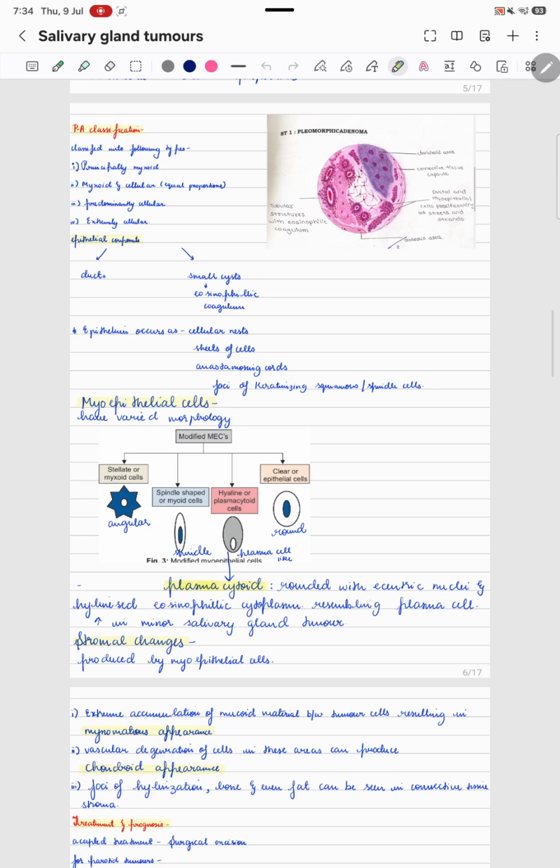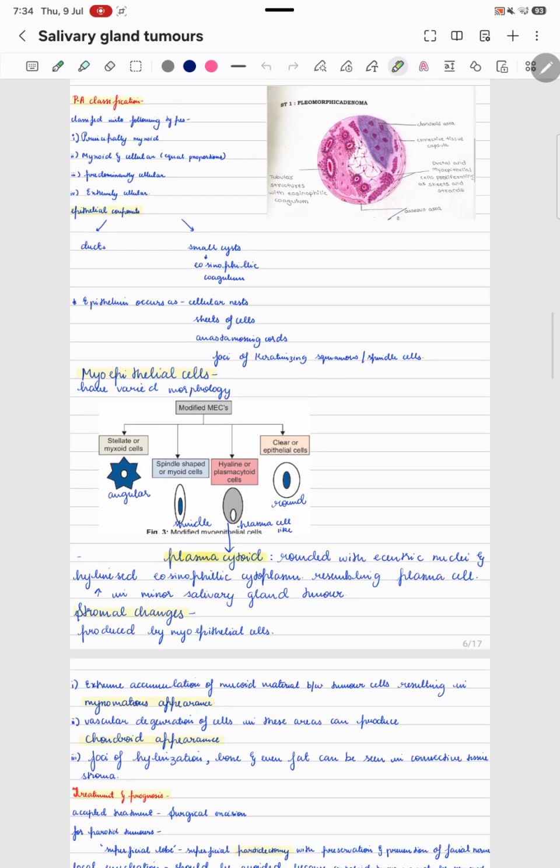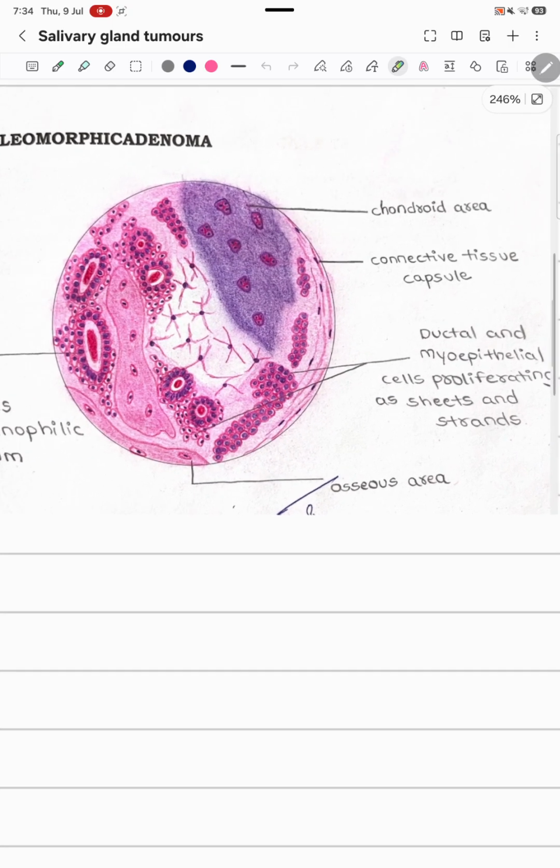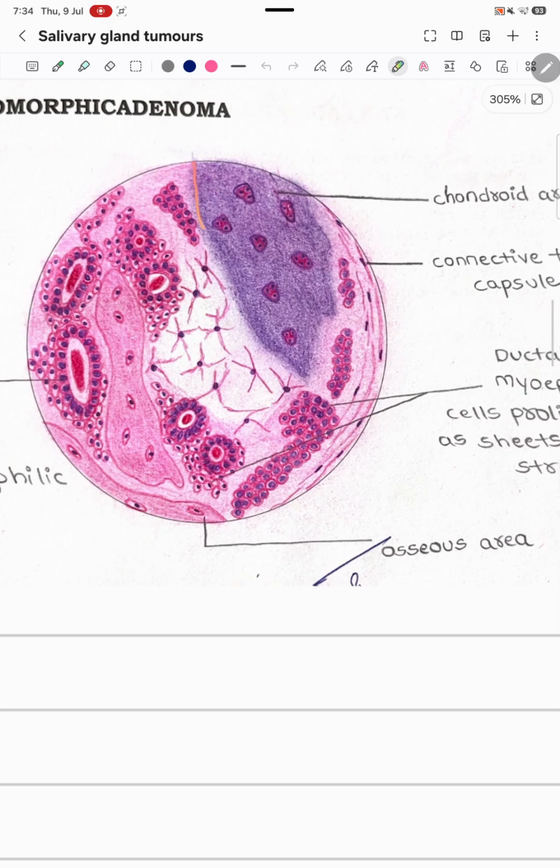Okay, then coming to the epithelial components, it has two: ductal and cystic components. So ducts are present and small cysts can also be seen, which have the eosinophilic coagulum. So this is the diagram. Basically, this is the chondroid area with chondrocyte-like cells, and this is your mucinous area with your mucin, which has been removed in the sectioning.